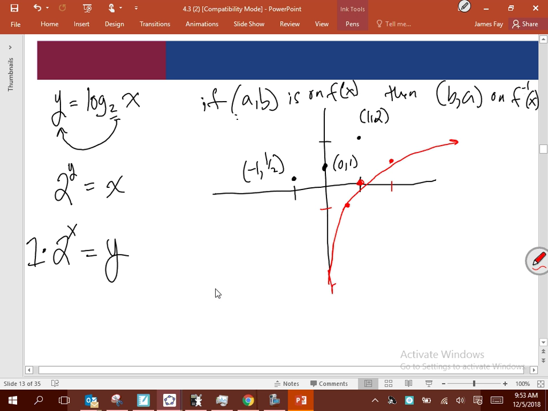Meaning then, an exponential function has a domain of all real numbers, right? Does a logarithmic function have a domain of all real numbers?